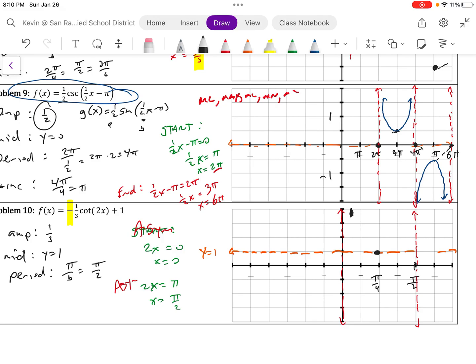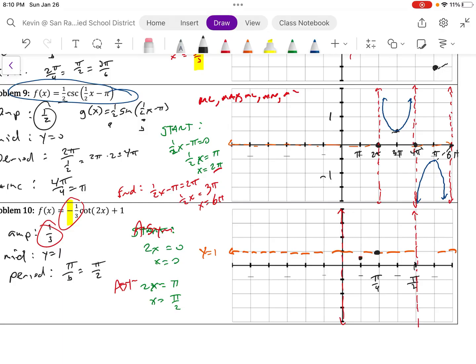Now, normally cotangent would start from the upper left and it would end bottom right. But because this is negative, we just flip that. I could draw a table and show you that, but just know that we flip it.